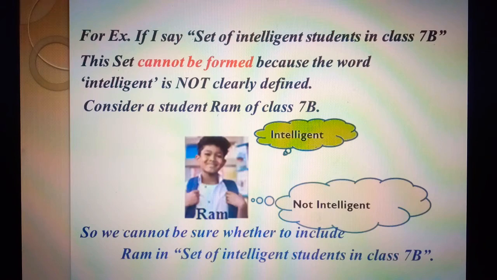There could be a similar problem with other students of class 7B also. We may not be able to decide whether to include that student in this set or not, because the word intelligent is not clearly defined, because intelligent is a relative word. So in such cases we cannot form a set.